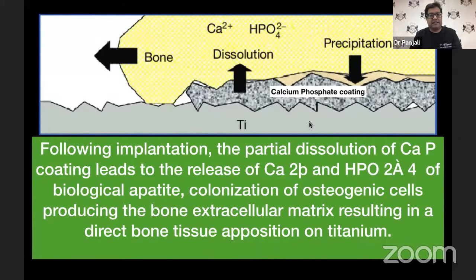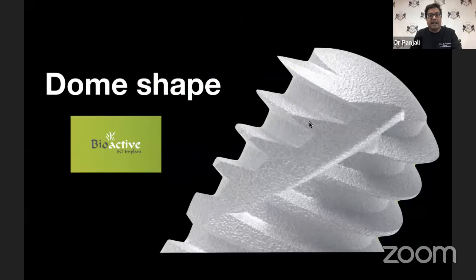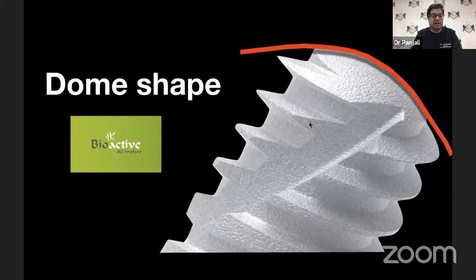Okay. So now what you see is that the calcium phosphate coating that is present forms a layer over the surface of the implant, and it precipitates cellular activity around that implant. The other part is that the bioactive implant that we have now has a dome shape, which is very awesome to do a sinus lift.